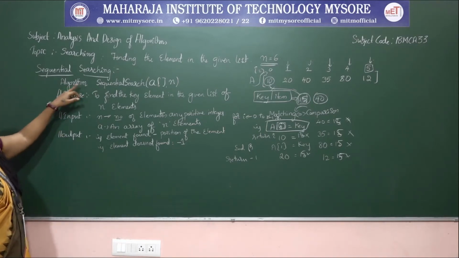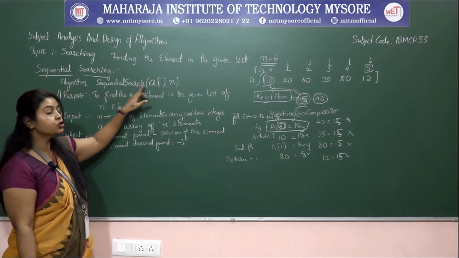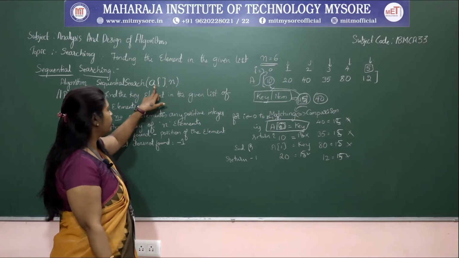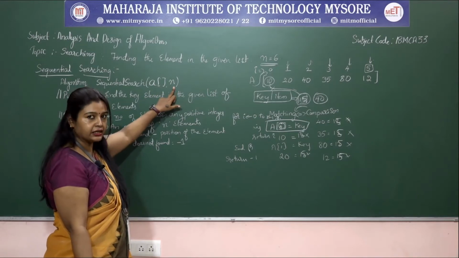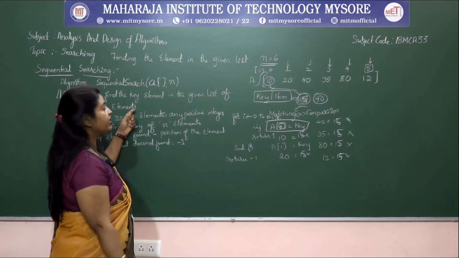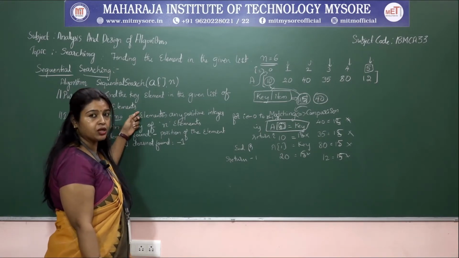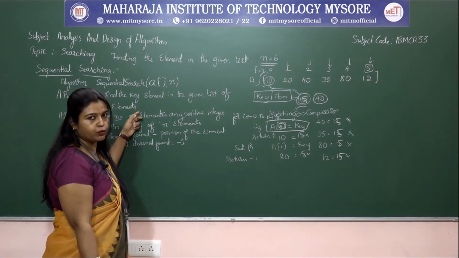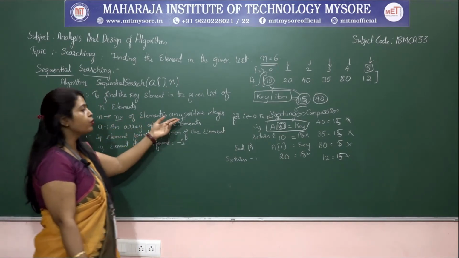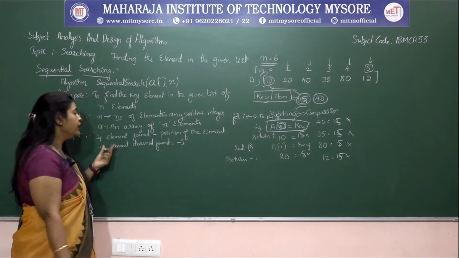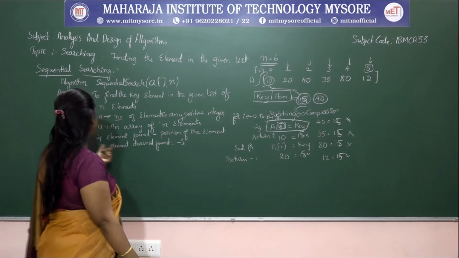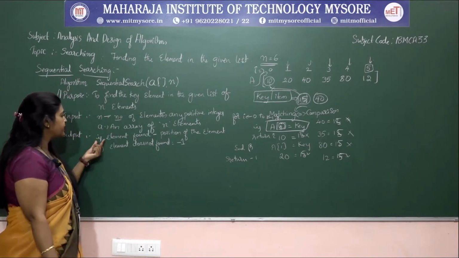Sequential search algorithm: what are the inputs? An array A of n elements, to find the element in the given list of n elements using the brute force methodology. The next input is the number of elements, any positive integer, and the array of n different elements.